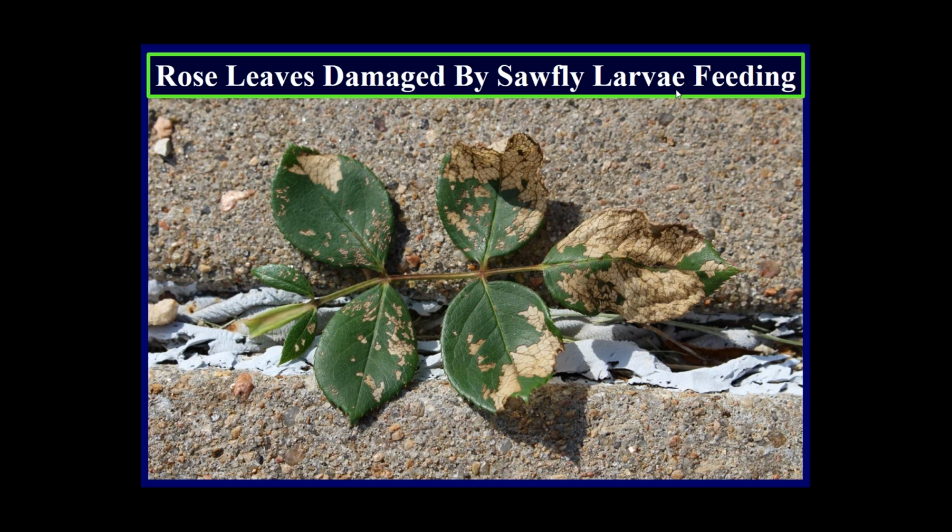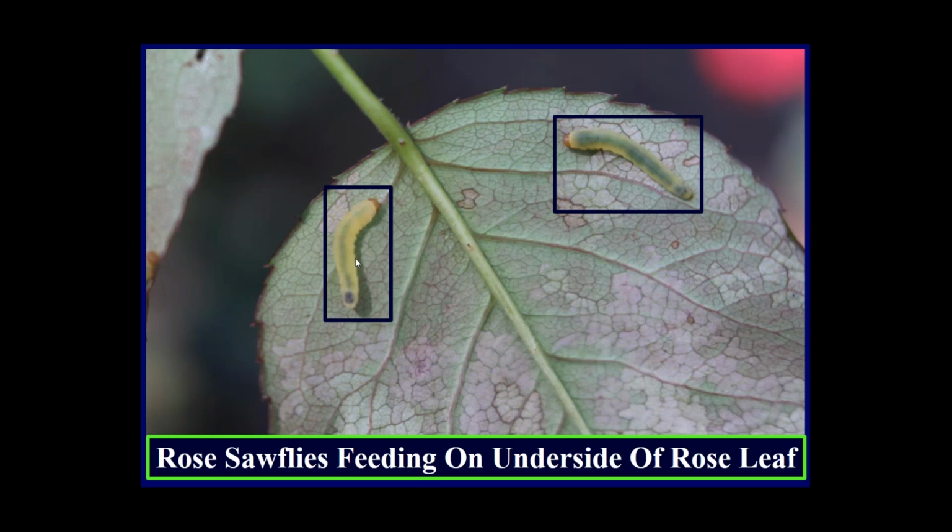Okay, so what is causing the window painting? These are sawfly larvae. They look like caterpillars. Three types of sawfly: we have the rose slug, the bristled rose slug, and the curled rose sawfly. Okay, they all do the same damage.